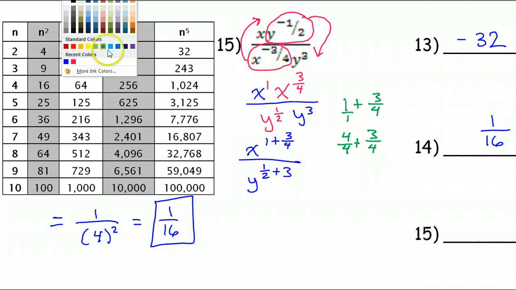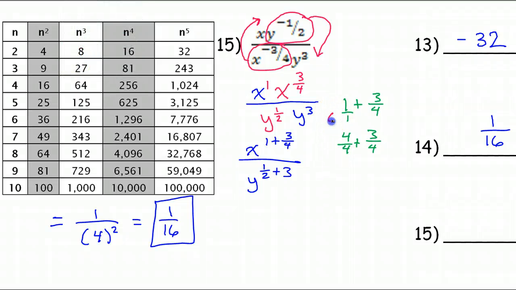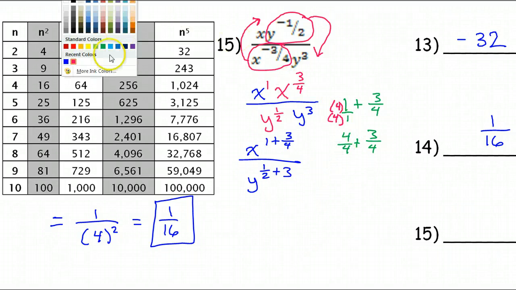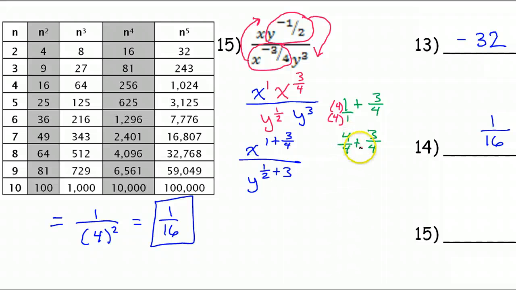If you want to, you can think of it as multiplying everything by 4. And so I get 4 over 4. Whatever makes you happy. But then 4 plus 3 is 7. So that is 7 over 4. Okay, so that's what I get if I do 1 plus 3/4. So far that means in the numerator I have x to the 7 over 4 power.